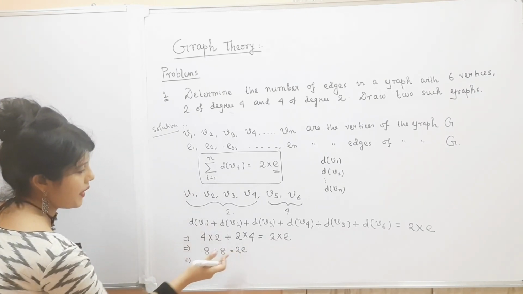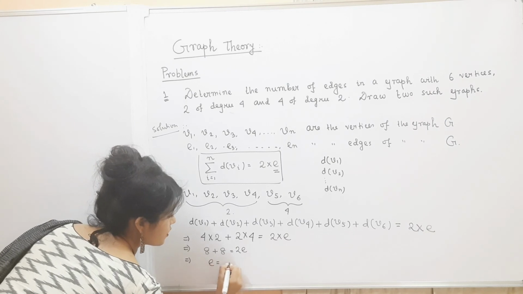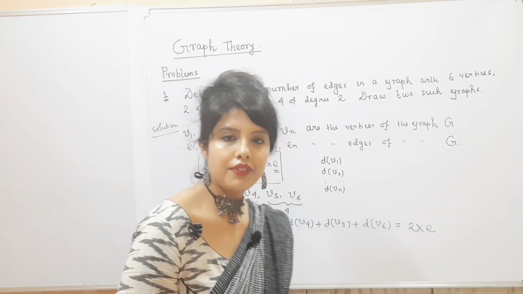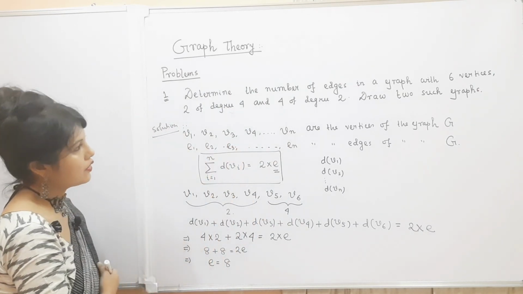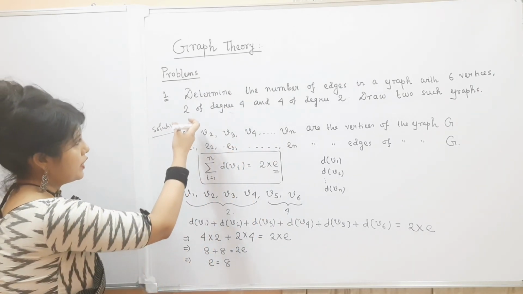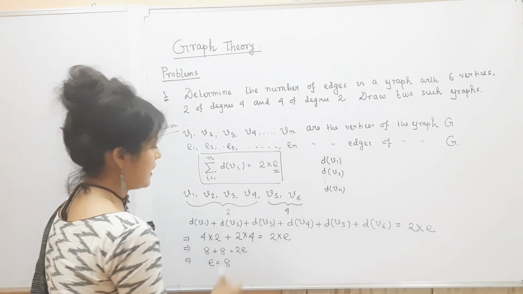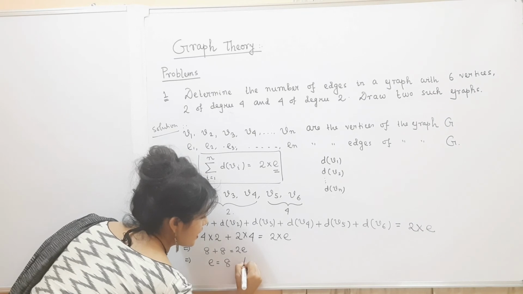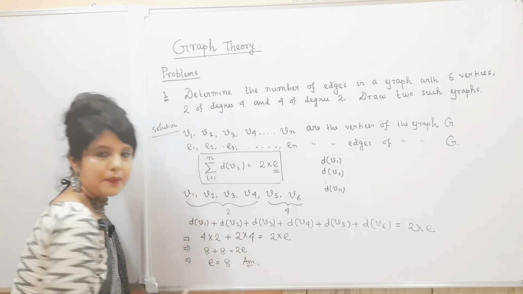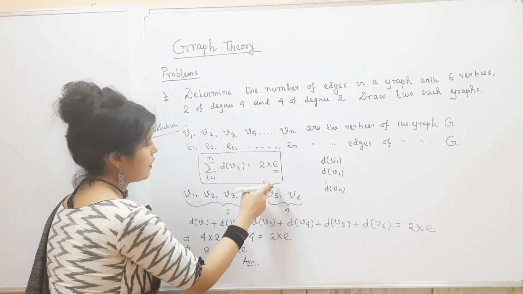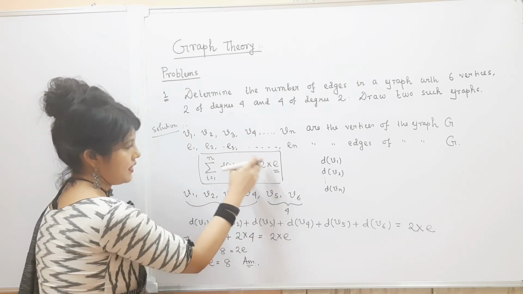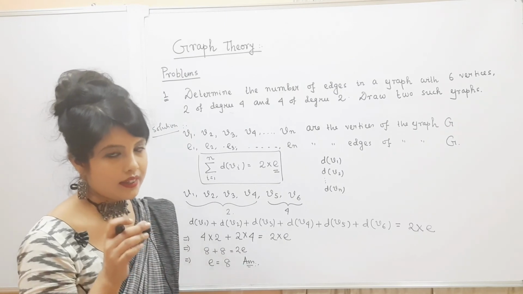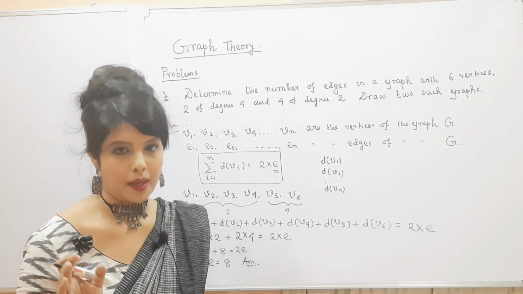So 16 by 2, that is E is equal to 8. So the number of edges in this graph with 6 vertices, of which 2 are of degree 4 and 4 are of degree 2, is 8. This is the solution. This is a very simple problem if you know the relationship that the sum of the degrees of the vertices of a graph is equal to twice the number of edges.